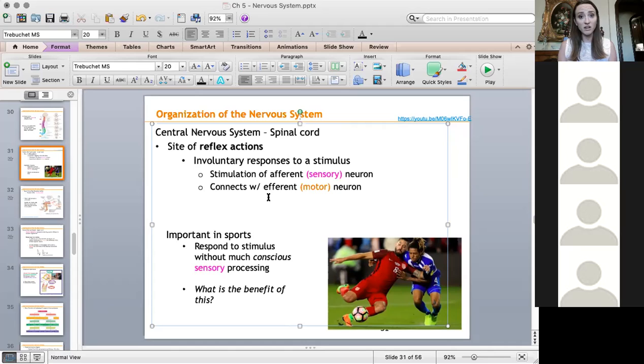So that's a really positive adaptation. It means that really talented athletes have faster reactions. They can react really quickly due to the decreased amount of time it takes to send the information to the spinal cord and not have to send it all the way to the brain. So yeah, just another benefit of that.